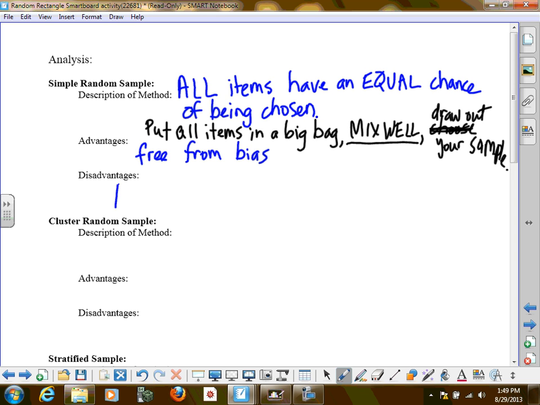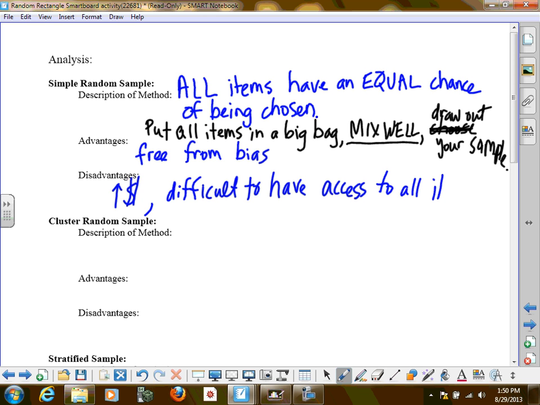Disadvantage is that it is often high in money to do that. It's a costly event when you have a lot of things. Also, sometimes it is difficult to have access to all the items.